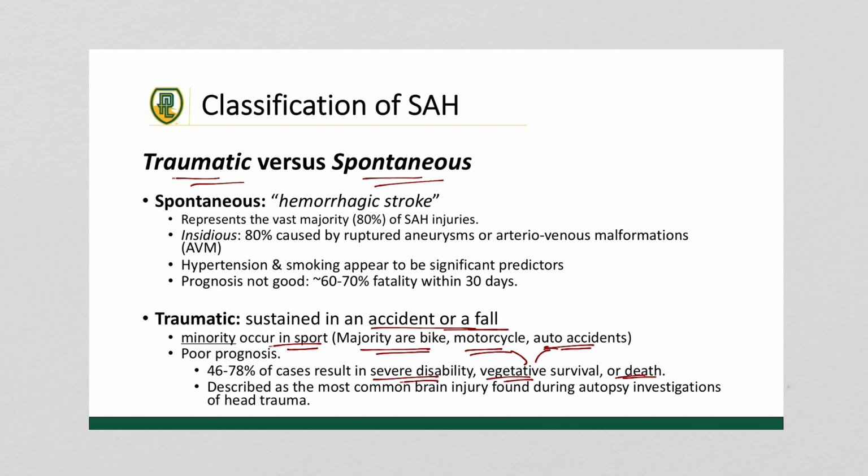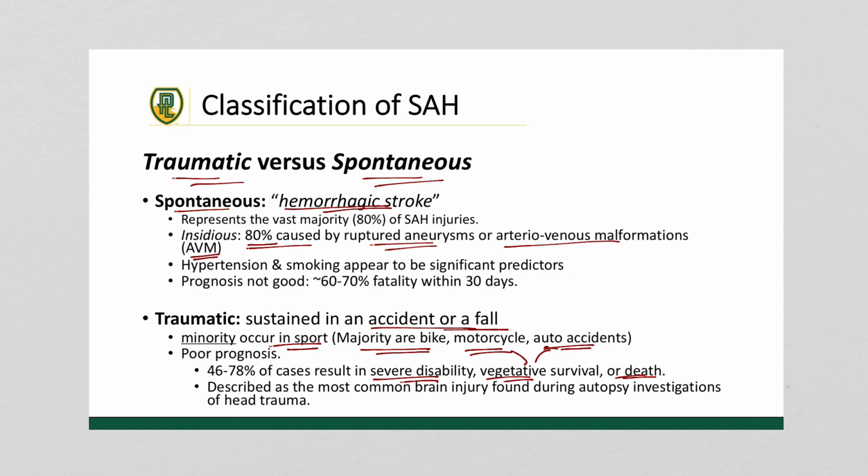On the spontaneous side, we were thinking like a hemorrhagic stroke. So the patient suffers from some type of arteriovenous malformation or has some type of bleed that they are unaware of, but most are caused by some type of aneurysm. So some type of spontaneous aneurysm that the patient wasn't aware of.